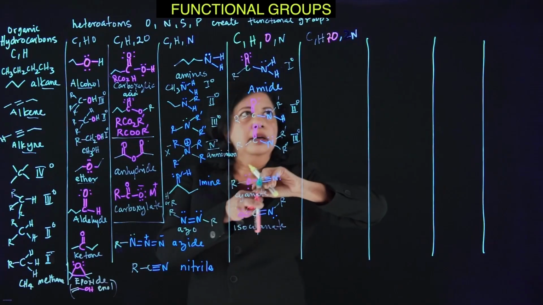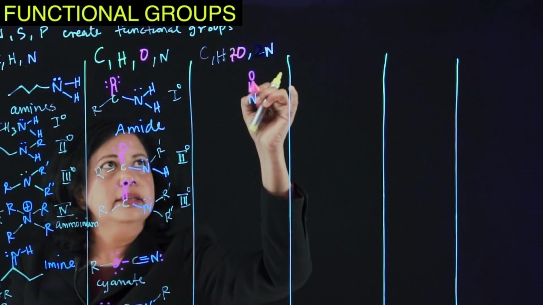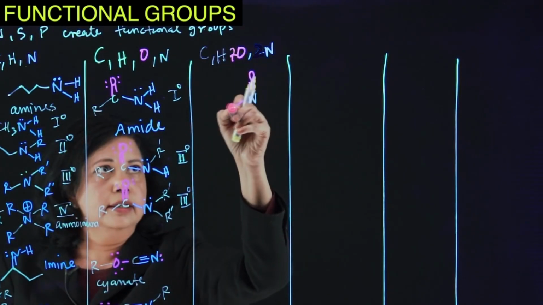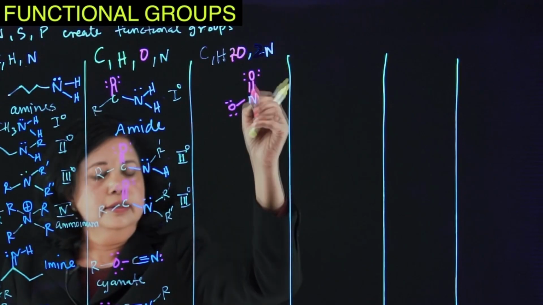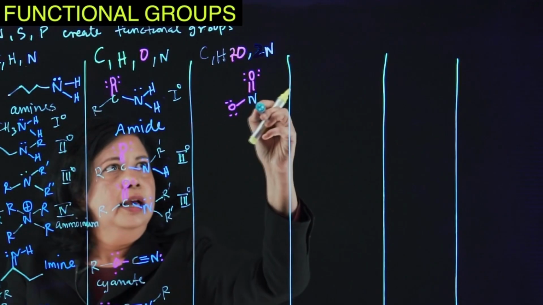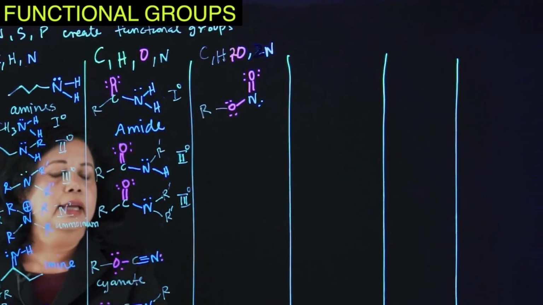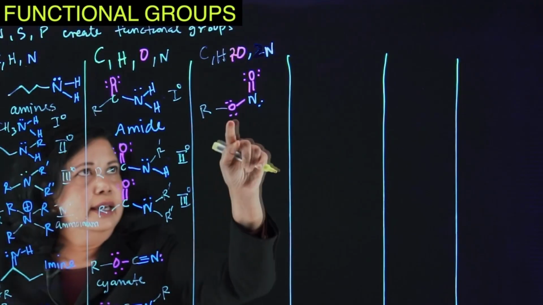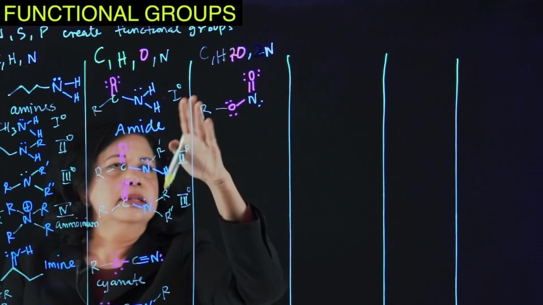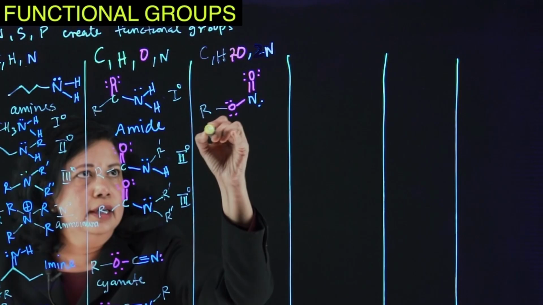So N with an oxygen on it. And then you can have another oxygen on the side. So here you will have this pretty much like an sp3, and then here is an R group. So this is going to be like if you had a sodium, you'd call it sodium nitrite, with an anion. So this is an alkyl nitrite. So here is a nitrite.